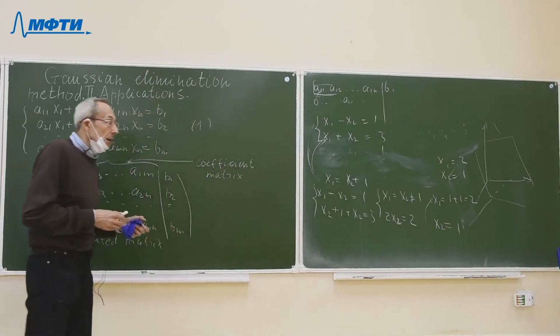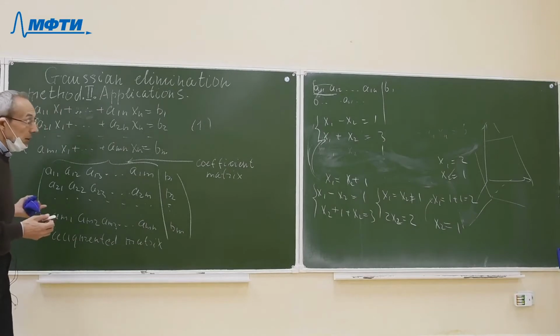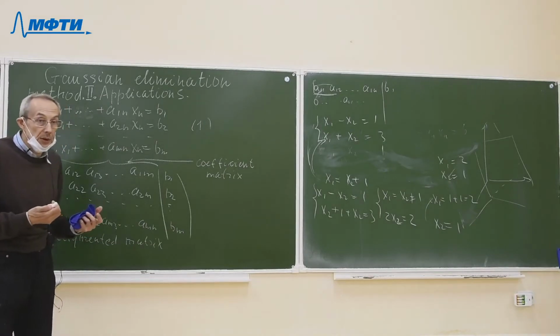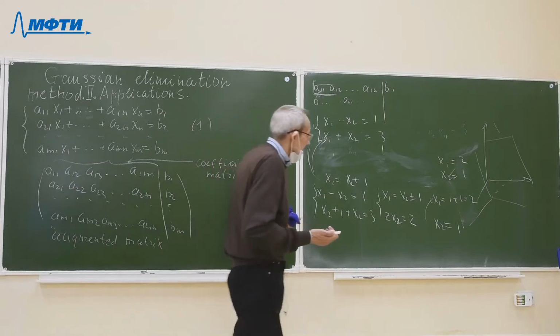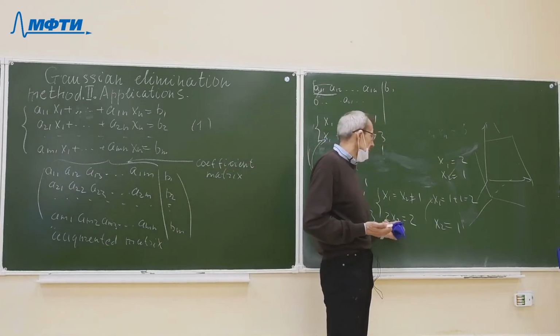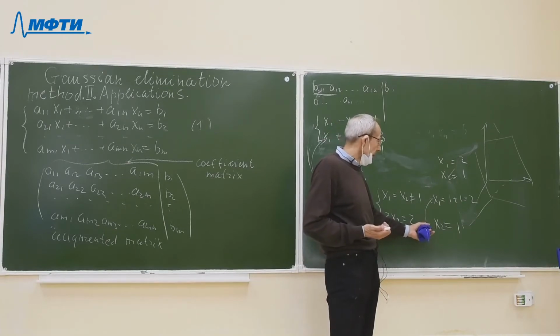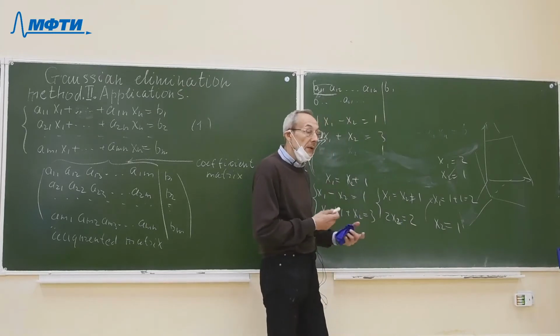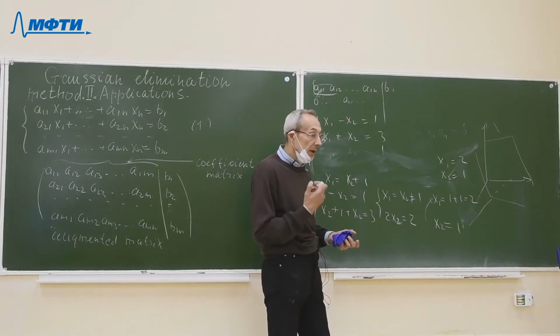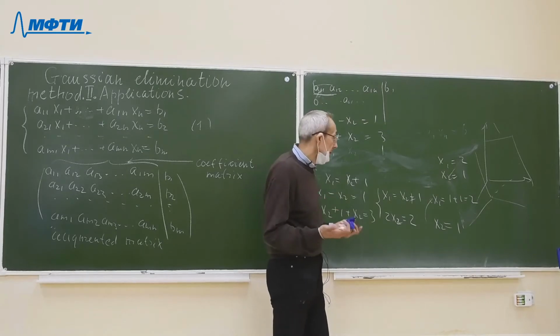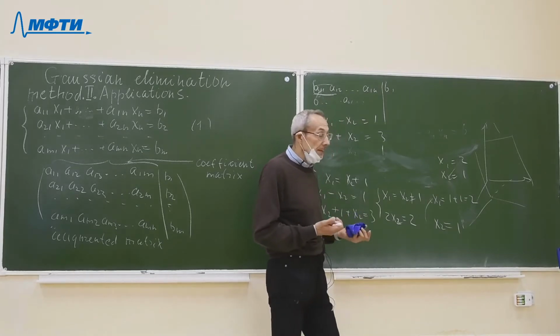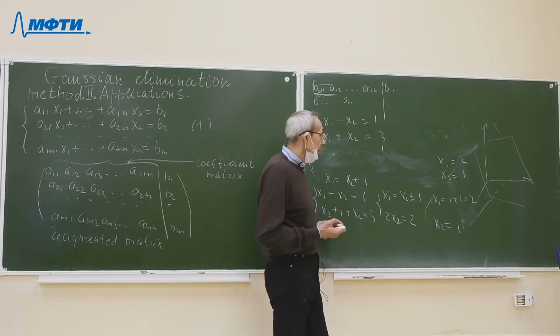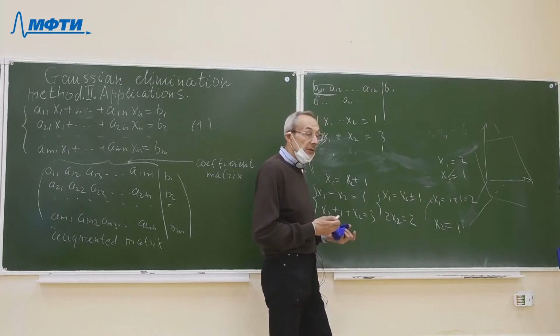Step by step we reduce our system to one equation, and this equation can have only one unknown, in which case we obtain a unique solution, or it can consist of more than one unknown, and in this case we obtain infinitely many solutions.